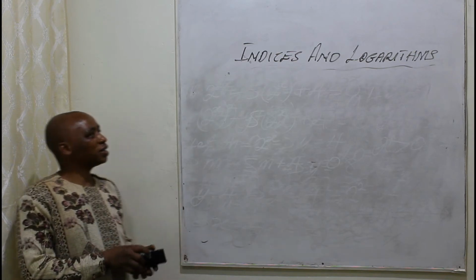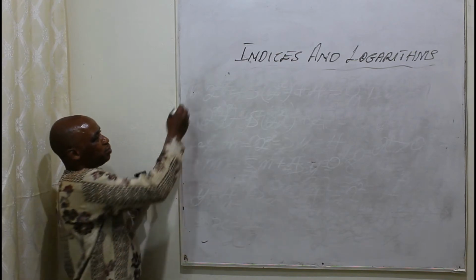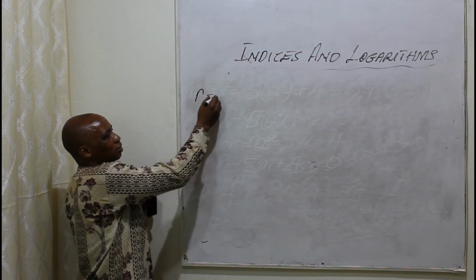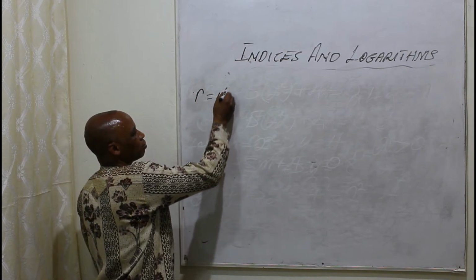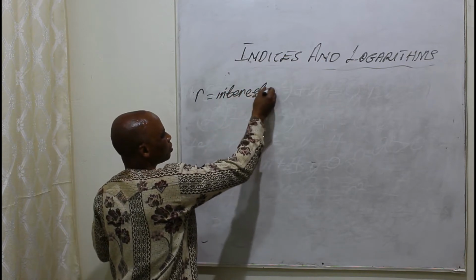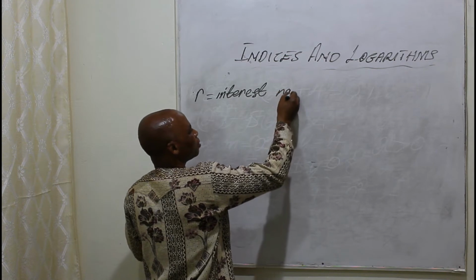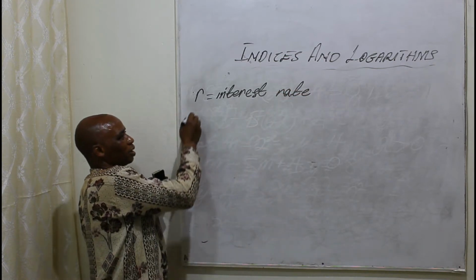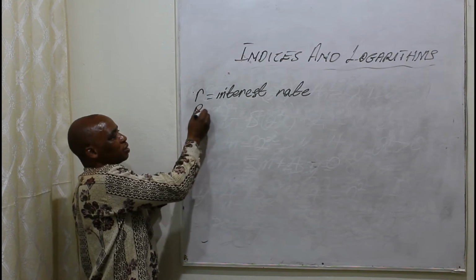So in this case, let the interest rate be R, and let the principal be P.